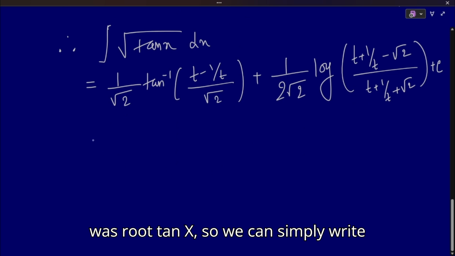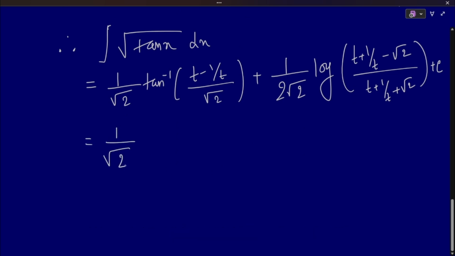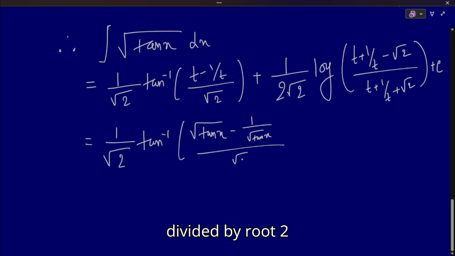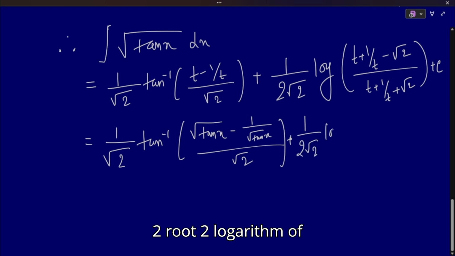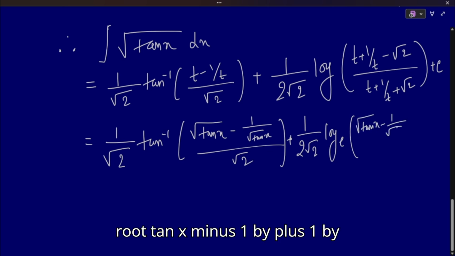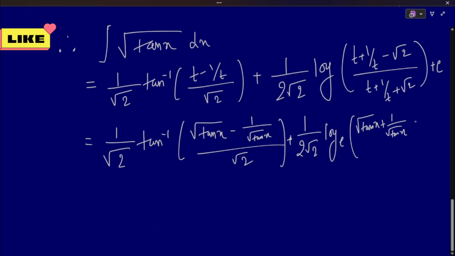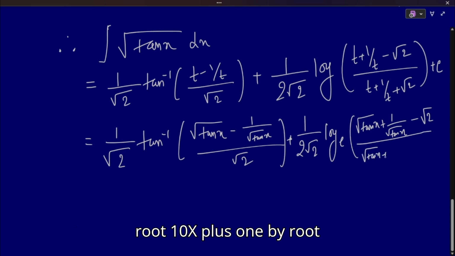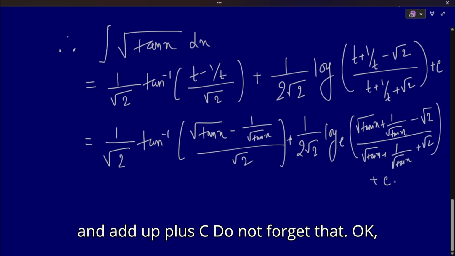And again t was root tan x, so we can simply write this as 1 by root 2 tan inverse of (root tan x minus 1 upon root tan x) divided by root 2, plus 1 by 2 root 2 logarithm of (root tan x plus 1 by root tan x minus root 2) divided by the same thing, (root tan x plus 1 by root tan x plus root 2), and add a plus c, do not forget that.